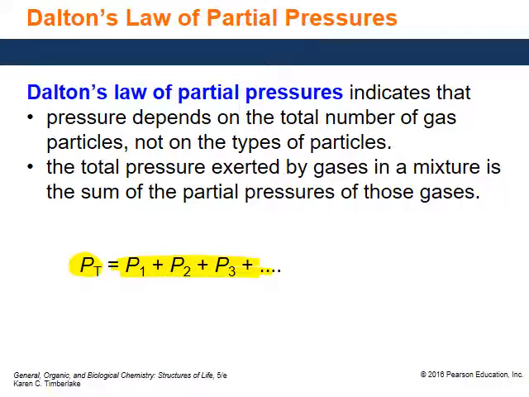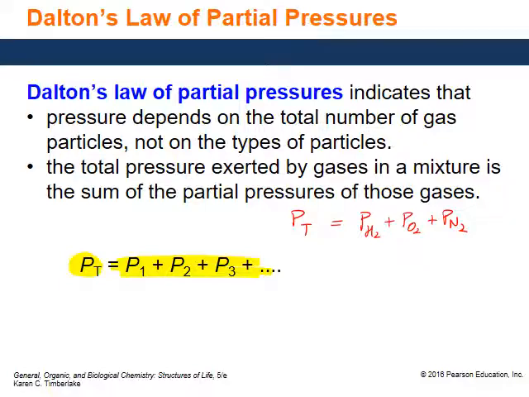So basically, if I have some hydrogen gas, there would be some pressure by hydrogen, some pressure by oxygen, and some pressure by nitrogen. So total pressure, T stands here for total, exerted by all the gases in there would be a sum of the pressure exerted by individual gases.